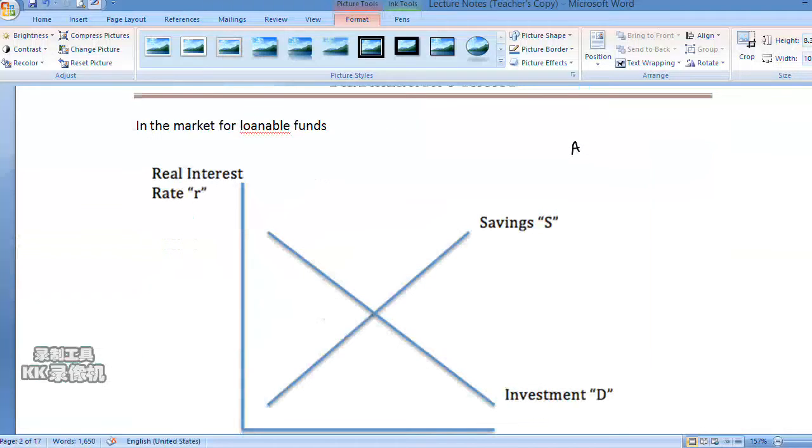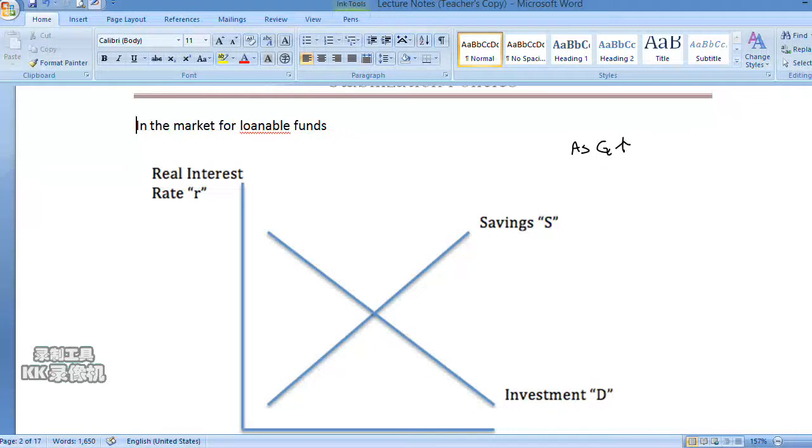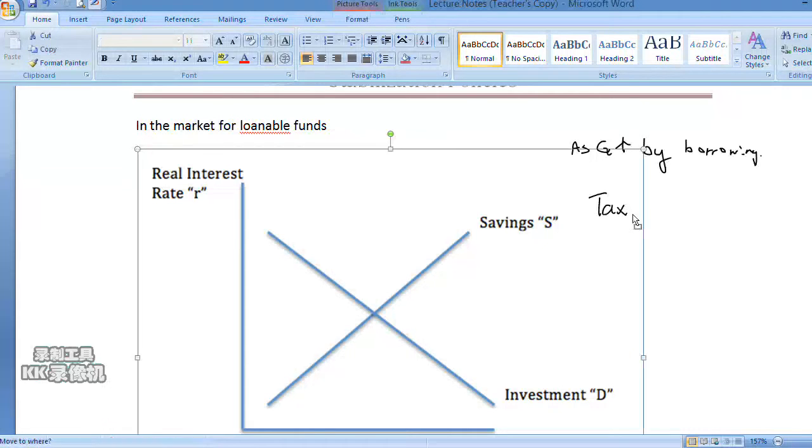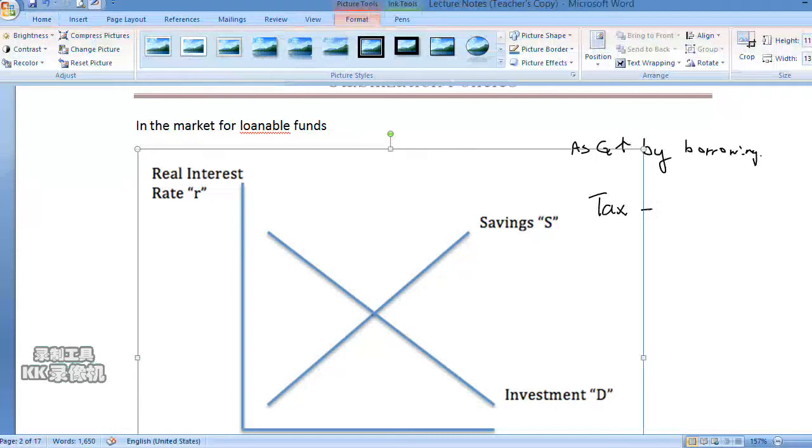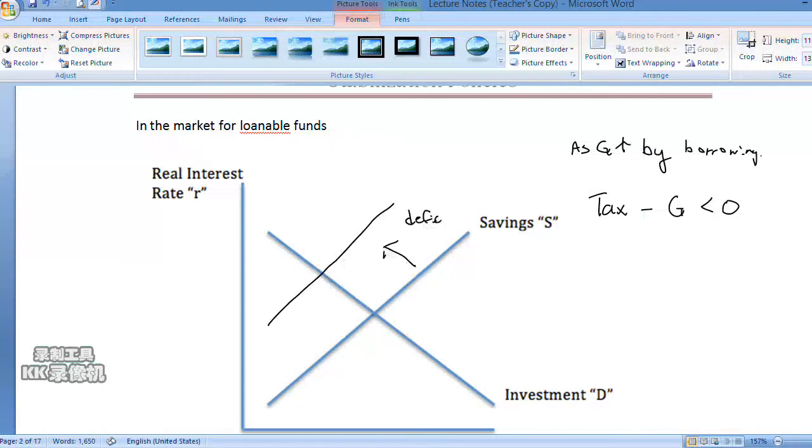So as government increase their spending by borrowing, or you can say that tax revenue collected minus government spending is going to be negative. So in this case, what will happen in the loanable funds market is the savings curve, so the supply in the loanable funds market, will shift to the left due to deficit.